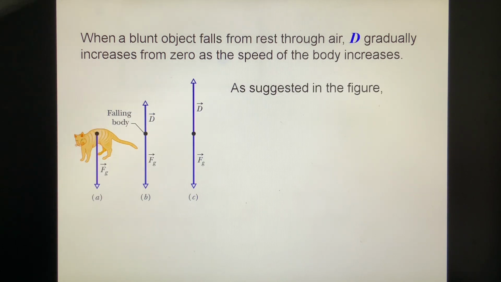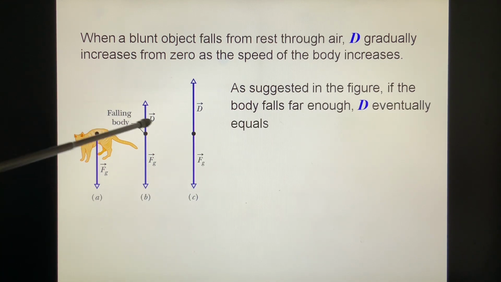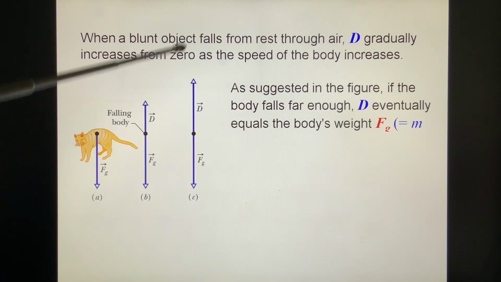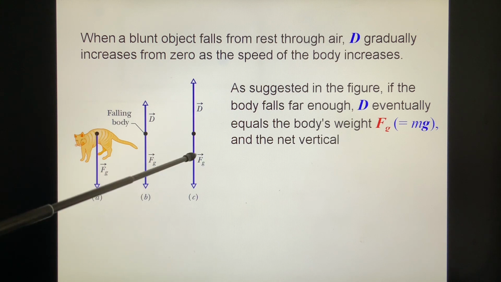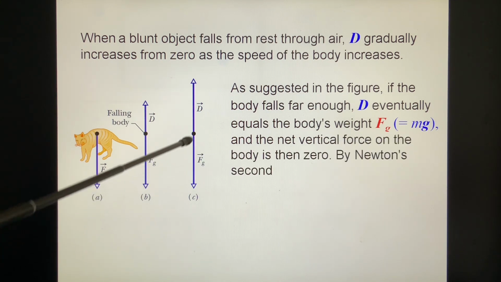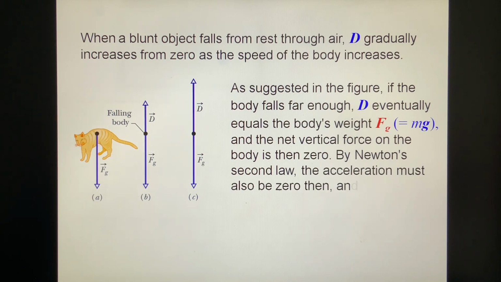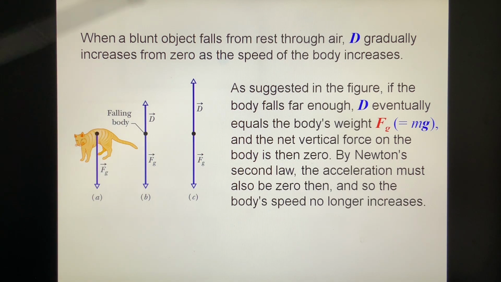As suggested in the figure, if the body falls far enough, D eventually equals the body's weight, Fg, which is mg. And the net vertical force on the body is then zero. By Newton's second law, the acceleration must also be zero then, and so the body's speed no longer increases.